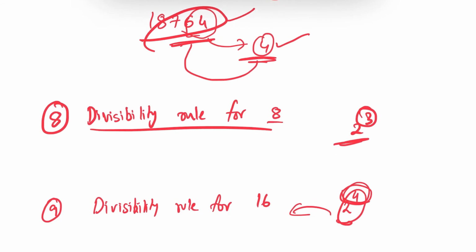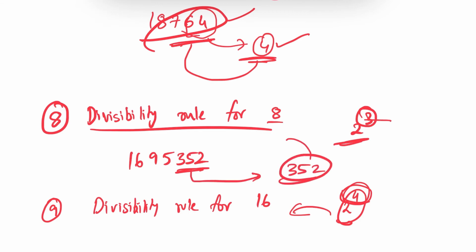Like suppose, for 8, the example is 1695352. So now we must be knowing the last 3 digits are 352, which is divisible by 8, and hence the whole number is divisible by 8.